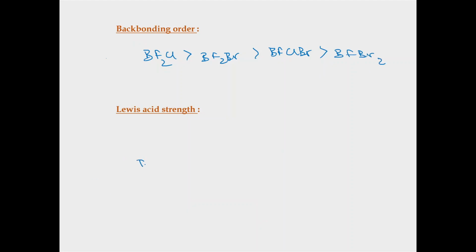So the Lewis acid strength order will be BFBr2 greater than BFClBr greater than BF2Br greater than BF2Cl.